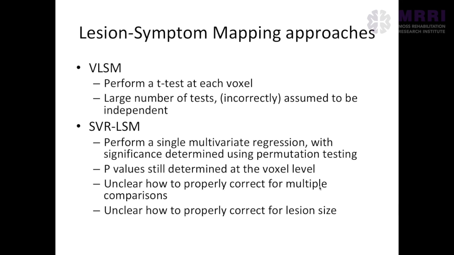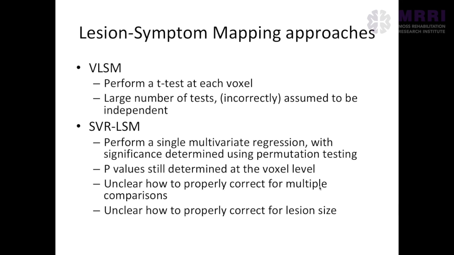So we wanted to turn to some kind of multivariate approach to get around some of these issues. The one that's most prominent in the literature, and that we've used most often, is SVR-LSM, or support vector regression lesion symptom mapping. There we perform a single multivariate test, which gives us a map describing essentially all of the voxels in the brain at one time.